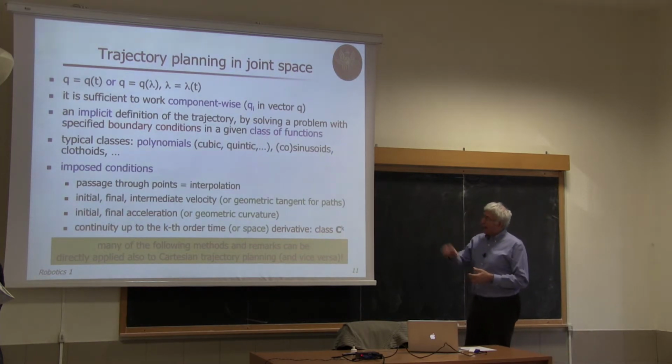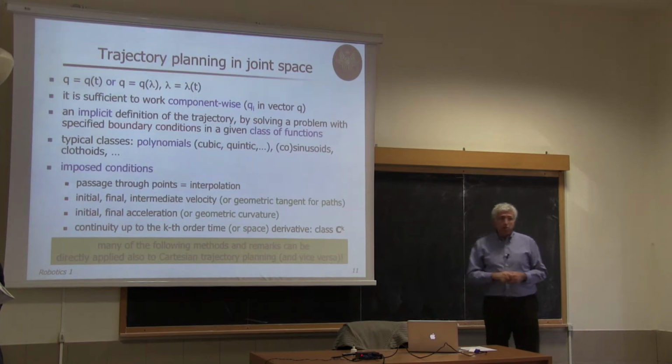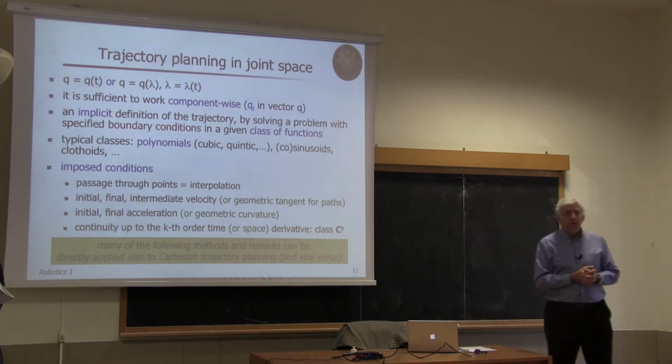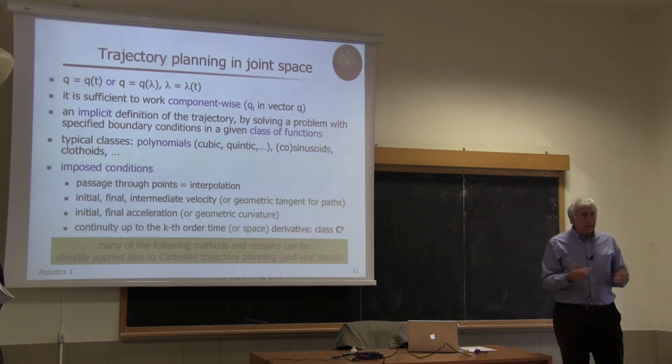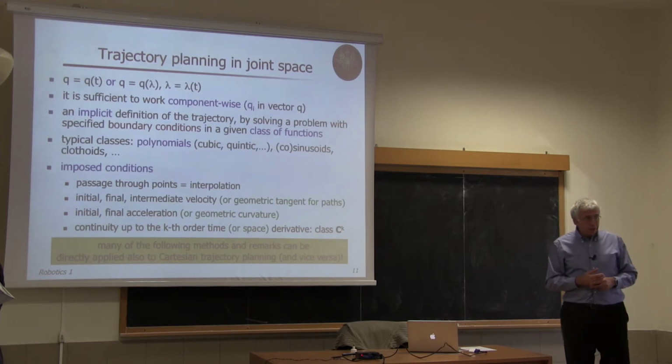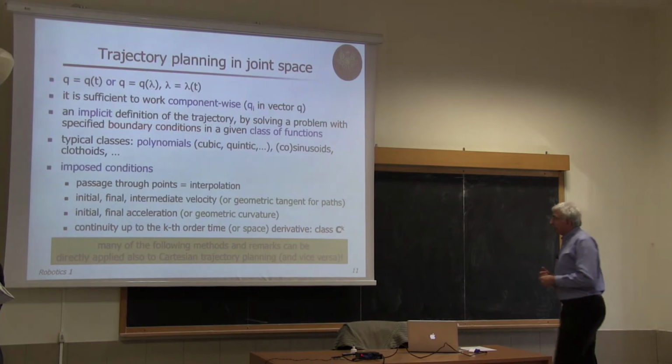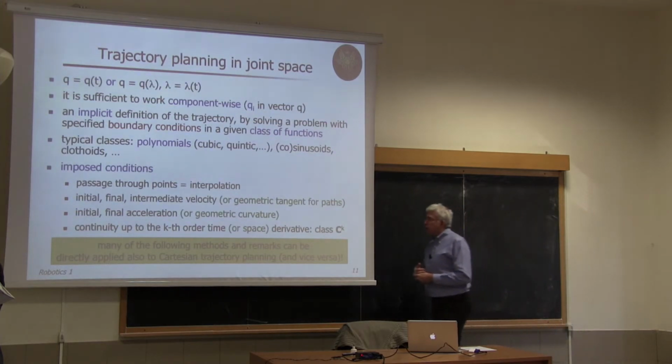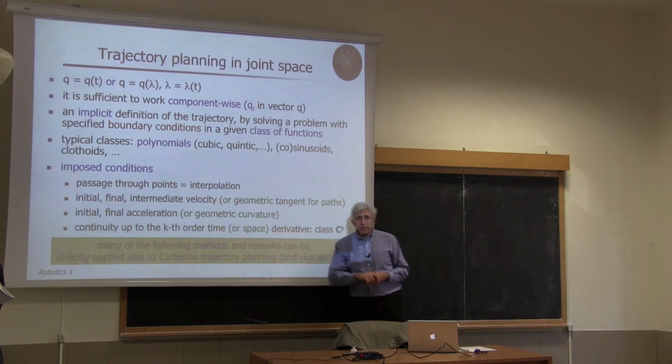So we choose a class of function for interpolating, and we impose conditions on the parameters of this class of function. If the class of function, as we will see, is often a polynomial, we will impose conditions on the coefficients so that we can determine in a unique way our polynomial. Okay? These conditions include passage through points.